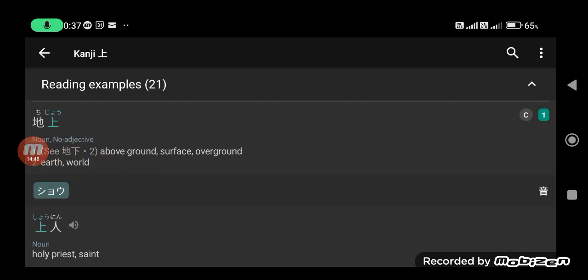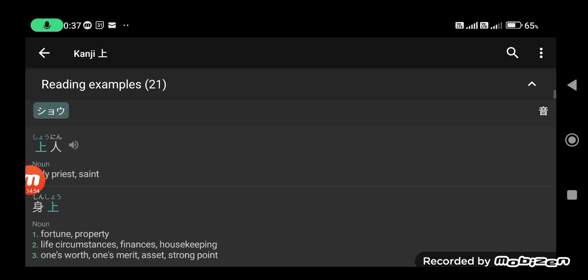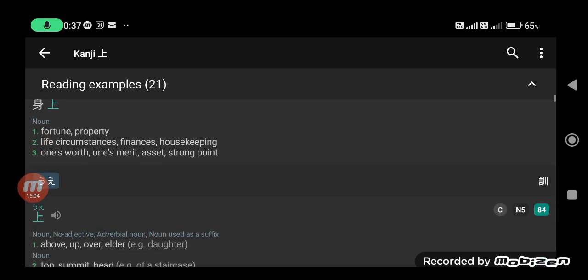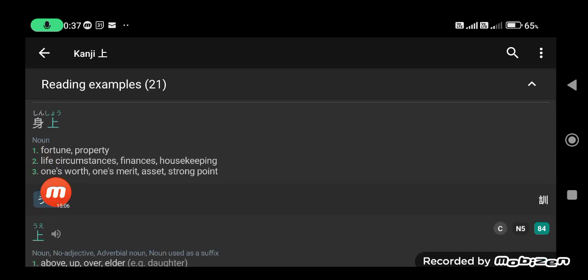Jikken is experiment. Chijo is also earth or world. Shonin, holy priest or saint. Shinsho, fortune, property. Life, shinsho, life circumstances, finances, housekeeping, one's worth, one's merit.